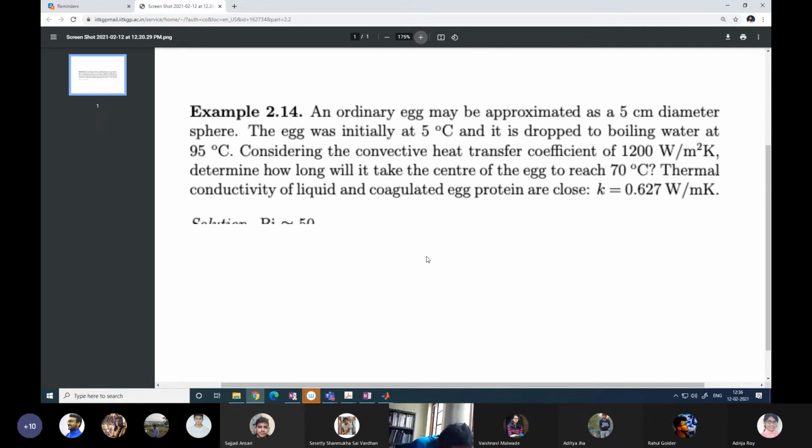What is the first thing you have to do? You understand this is a transient conduction problem. So first thing what you have to do? Find the Biot number. Find the Biot number and then tell me. Then we move to the next part of the plan.